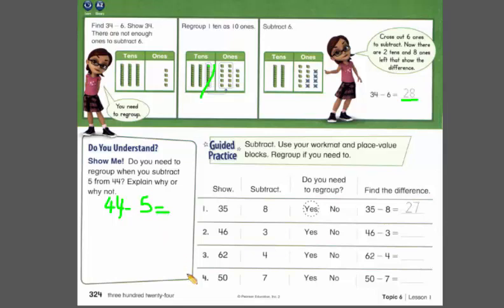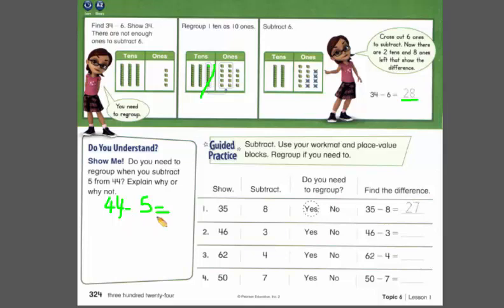We need to regroup because there are only 4 ones in 44. So I can't subtract 5 from 4. We don't have enough ones to do subtraction.